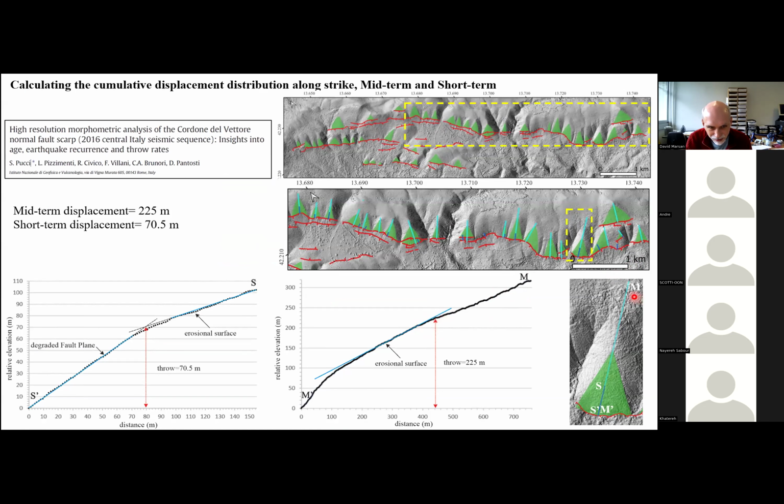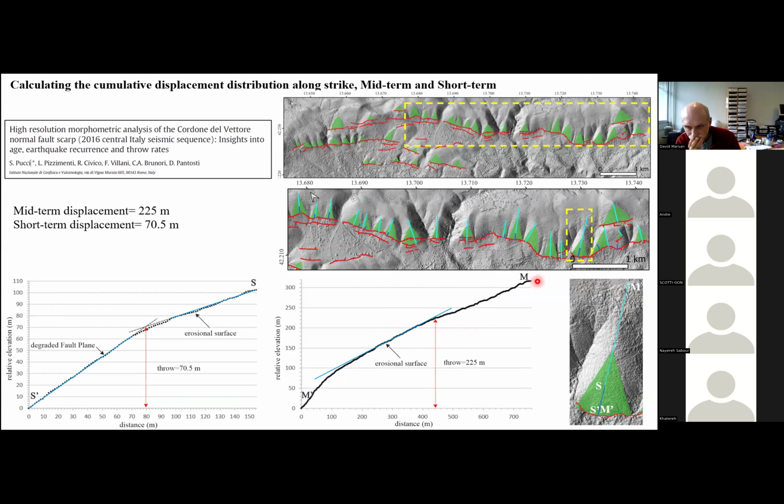Not this one, but when you look at midterm to short term, there's a change in slope. Yes, here, on the left graph. We know that for facets we have a very smooth surface, and we consider it as a very smooth surface here.